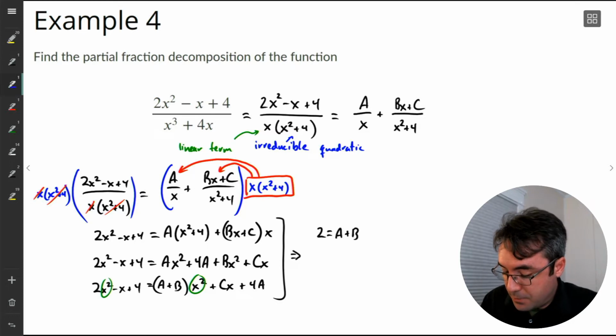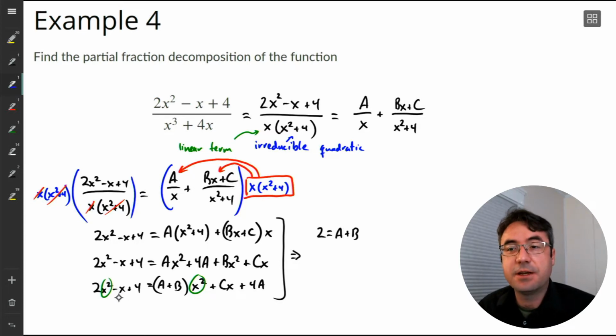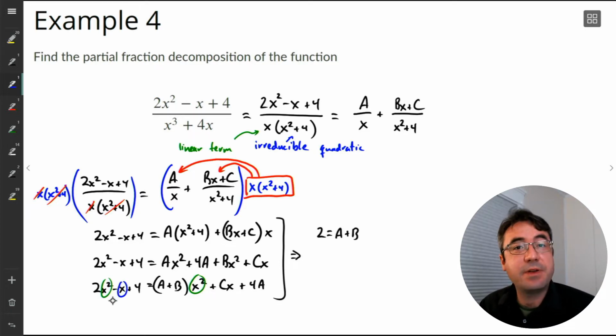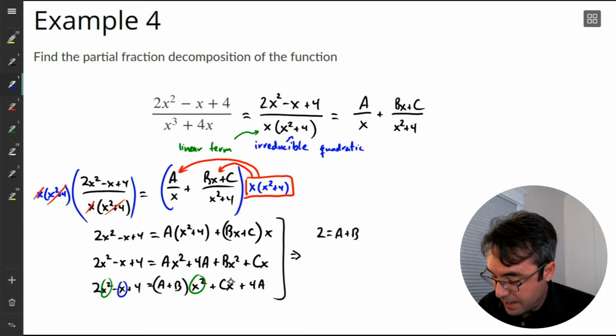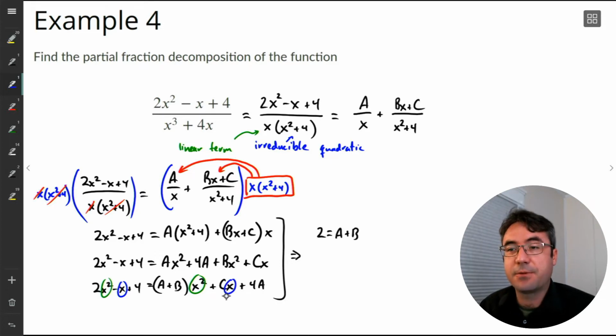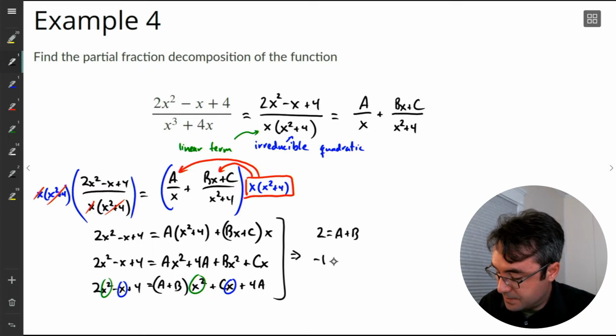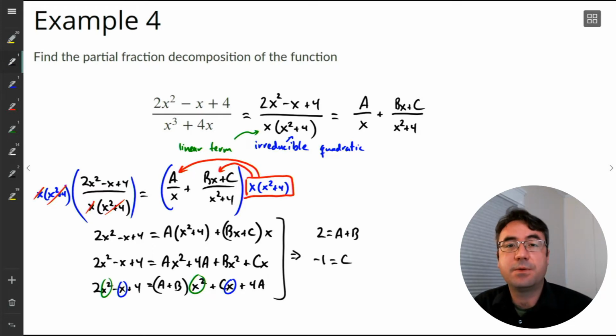Then we go down, keep going. So in front of our single x term, what do we have on the left here? We have a -1. And what do we have in front of our single x term on the right? Well, we have a plus c. So that tells us -1 is equal to c.